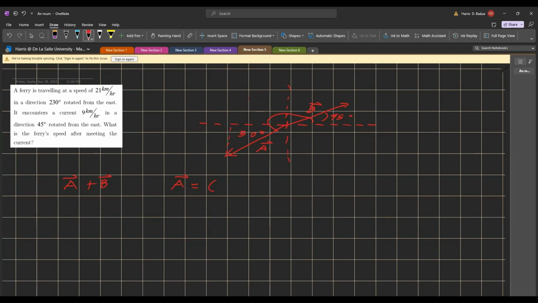the i component first, and we know that 50 degrees is adjacent to the x-axis and it is going to the left, so it becomes negative. And its speed is 21 and cosine 50 since it is adjacent. So this is i.